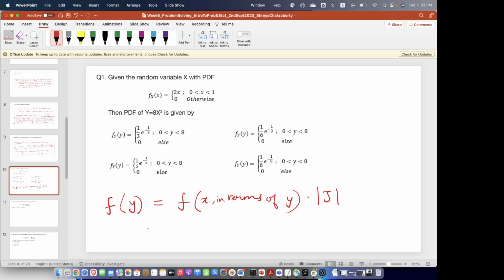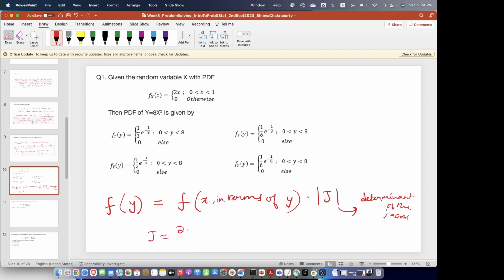Okay, so what is this? This is the determinant of the Jacobian. So this J, what is this J?